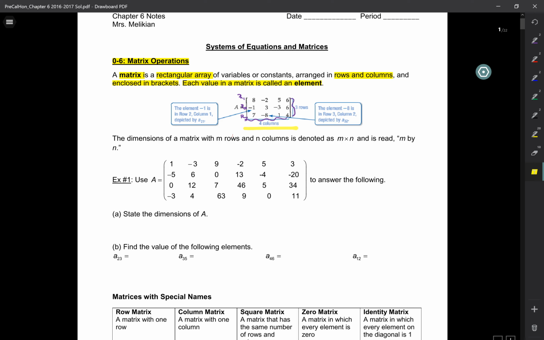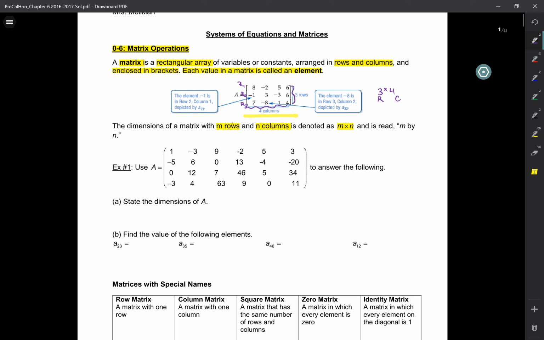The dimensions are, if it has m rows and n columns, we say the dimension is m by n. So for example, for this one, if it has 3 rows and 4 columns, the dimensions of this matrix would be 3 by 4. So you say this is a 3 by 4 matrix. Remember, rows always come first, then columns.